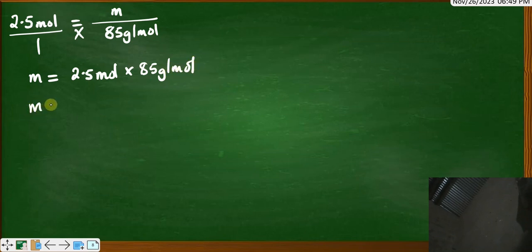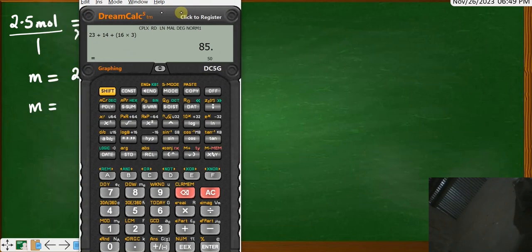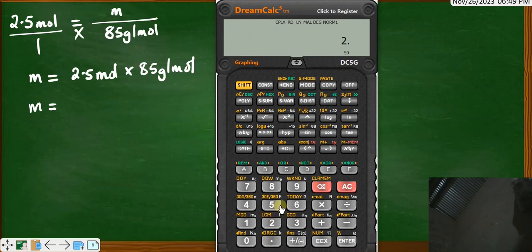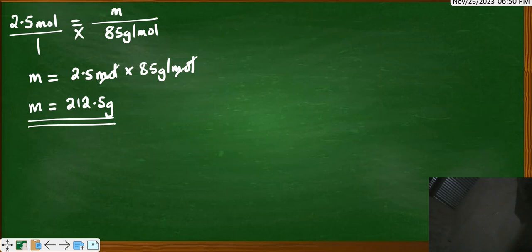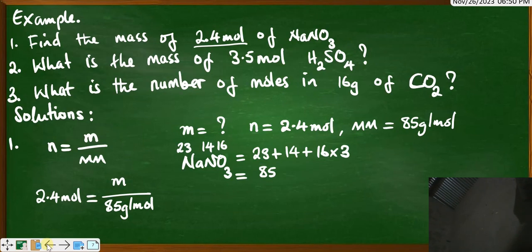So we multiply 2.4 times 85 and we get 212.5, but the mole and mole cancel, and we remain with grams here. So this will be the answer, the mass. You have seen, this will be the mass. Then we can move to the next question.